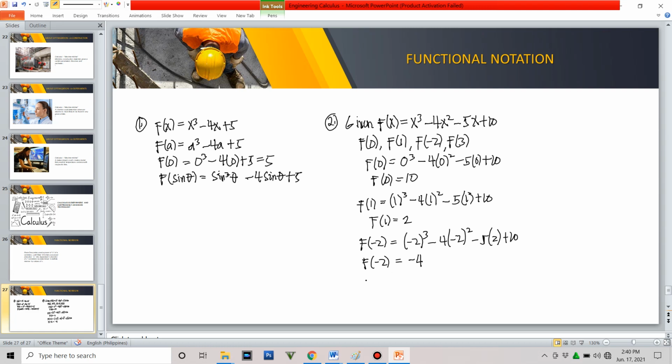And lastly, for f(3), we have 3 cubed minus 4 times 3 squared minus 5 times 3 plus 10. Hence, f(3) will be equal to -14.